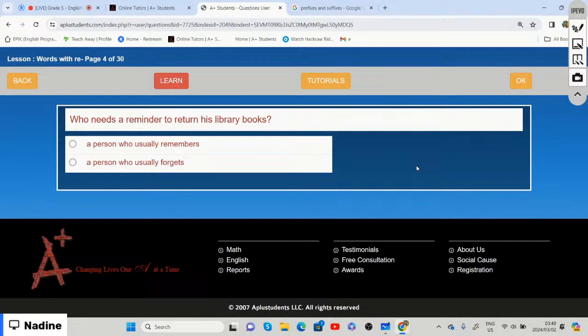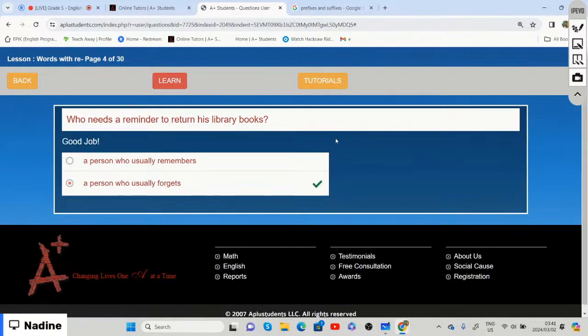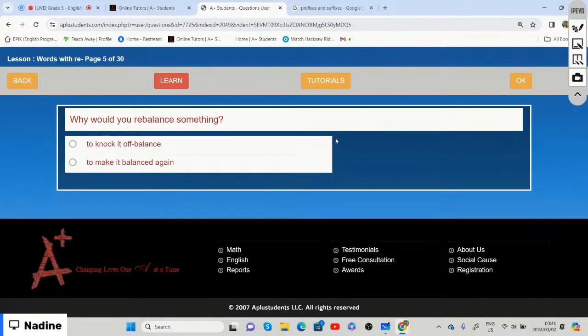Is it a person who usually remembers or a person who usually forgets? Talking about the library books. The person who needs to be reminded to return library books would basically be a person who forgets, because a person who remembers will remember to return the books.